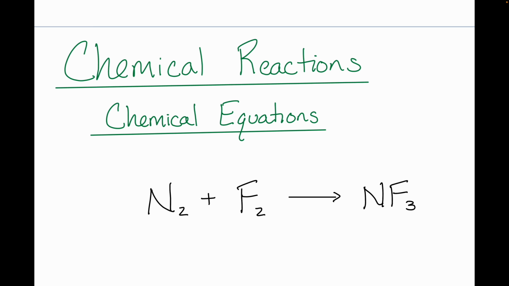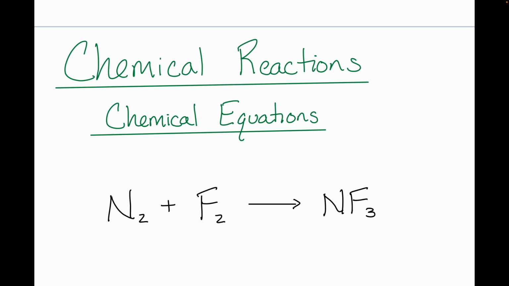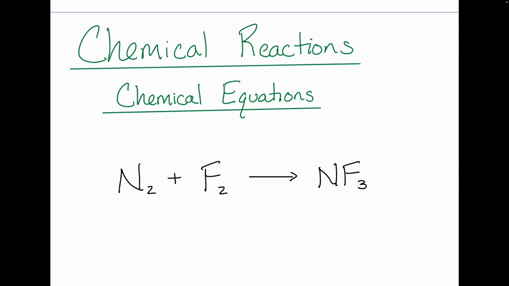All right, so the basics of what we learned about our chemical equation thus far is we learned that everything on the left side of the arrow we call what? Our reactants. And everything on the right side of the arrow we call products.